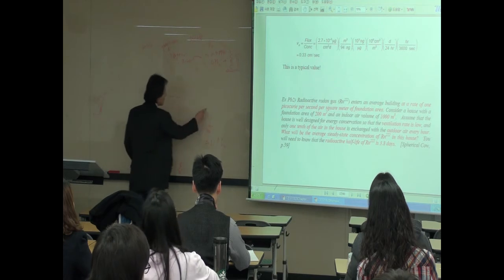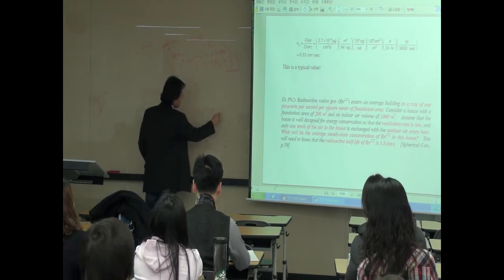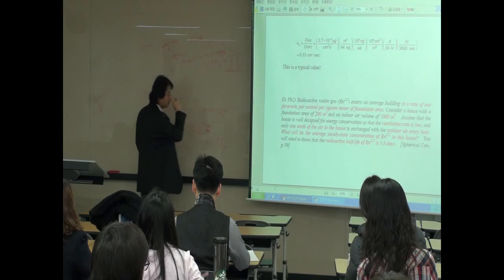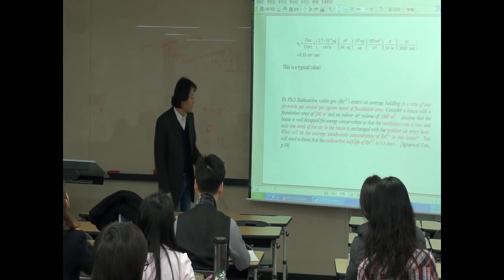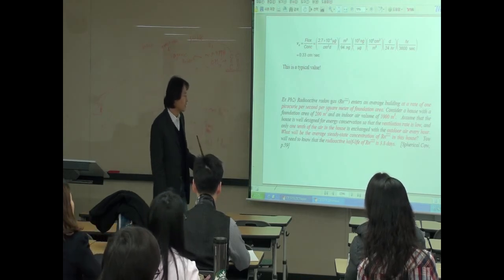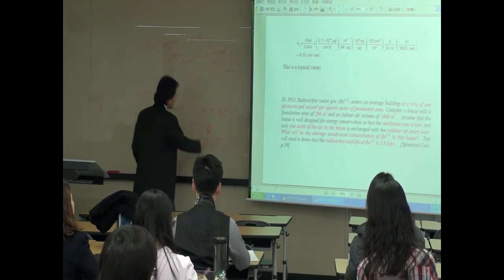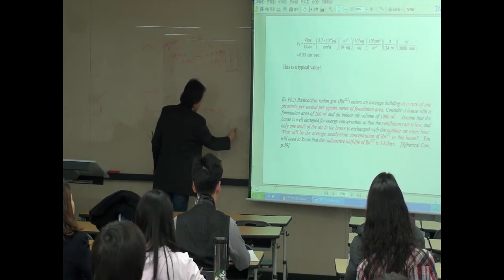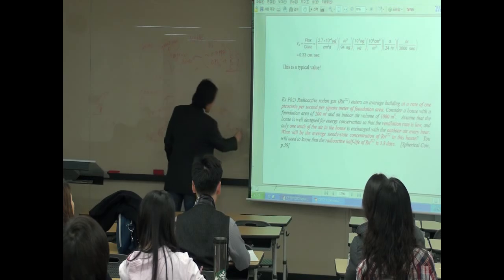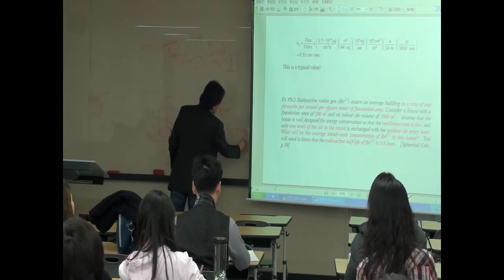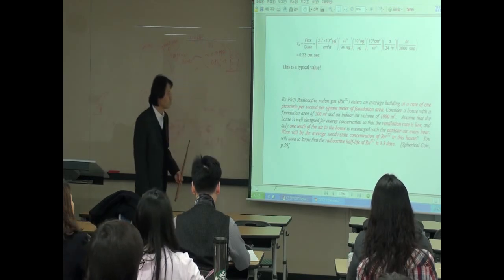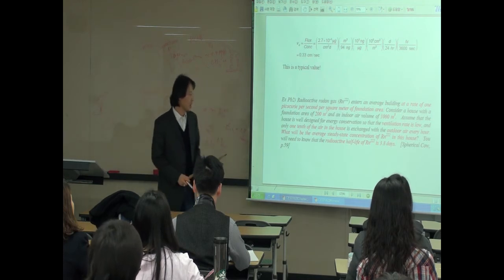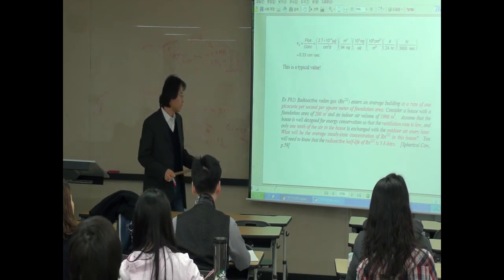So we just want to know the concentration of radon-222. You don't need to know the radioactive half-life of radon. The half-life of radon is 3.8 days. This also can be ignored.